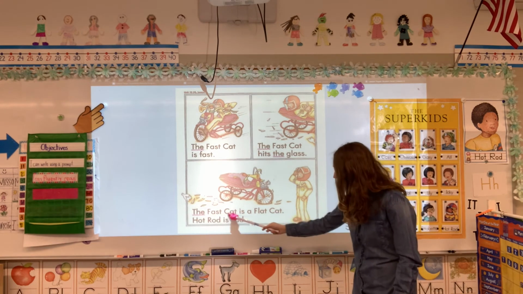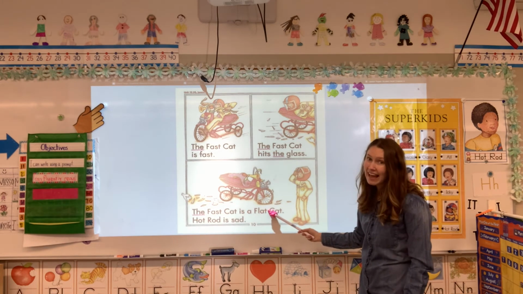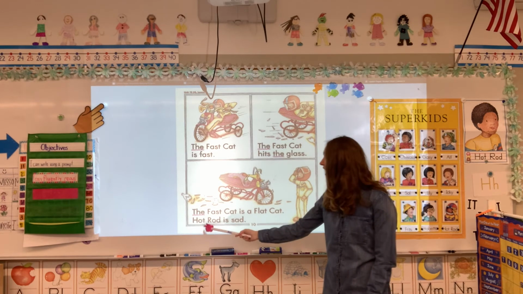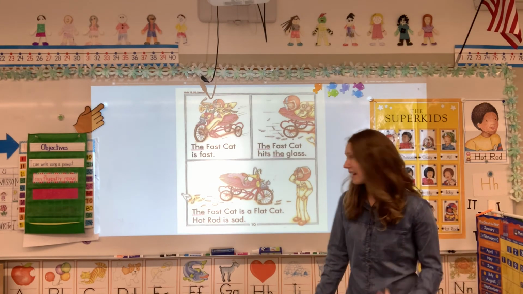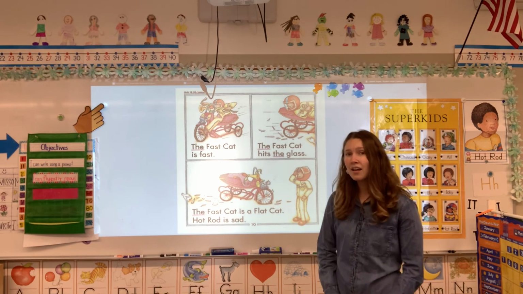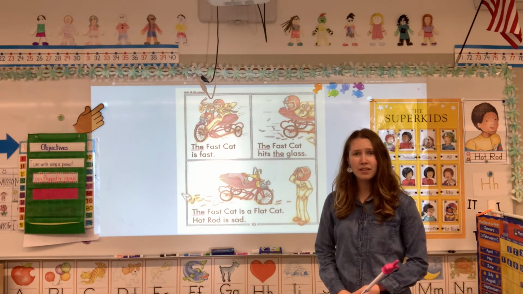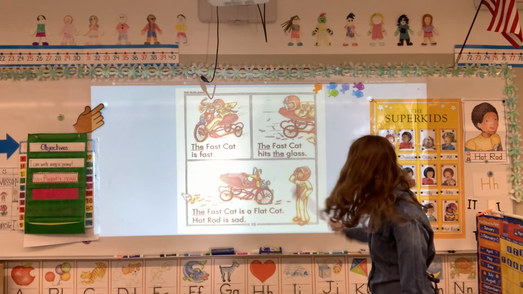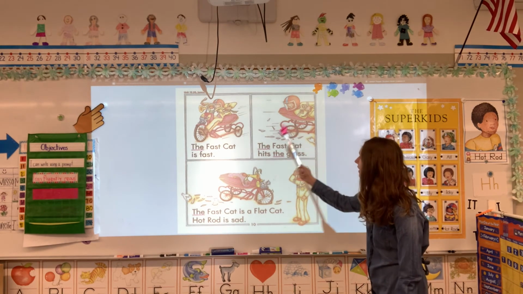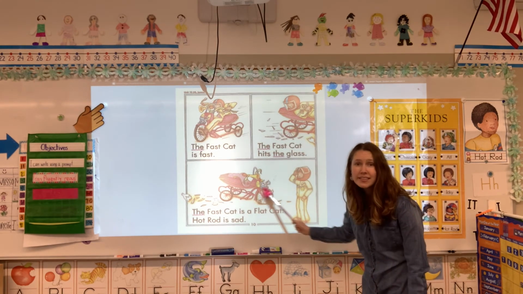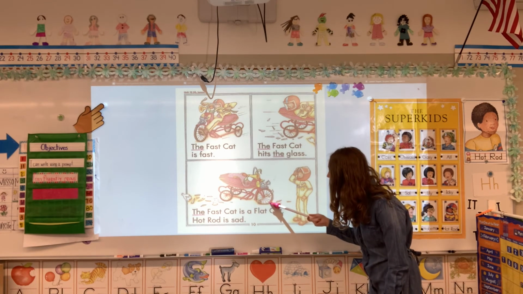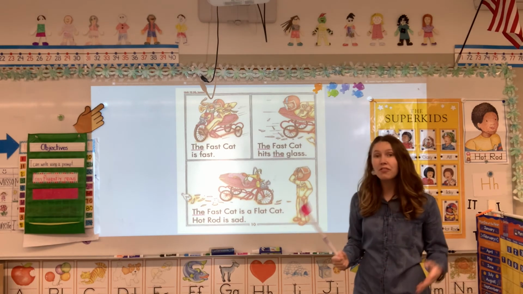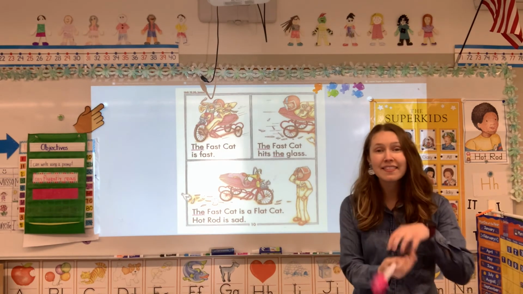The Fast Cat is a flat cat. Hot Rod is sad. What does that mean that it's a flat cat? What is it talking about? It's talking about how when the tire hit the glass, it lost the air in it. All the air came out and we see that it is flat. When you get a flat tire, that means that the air came out.